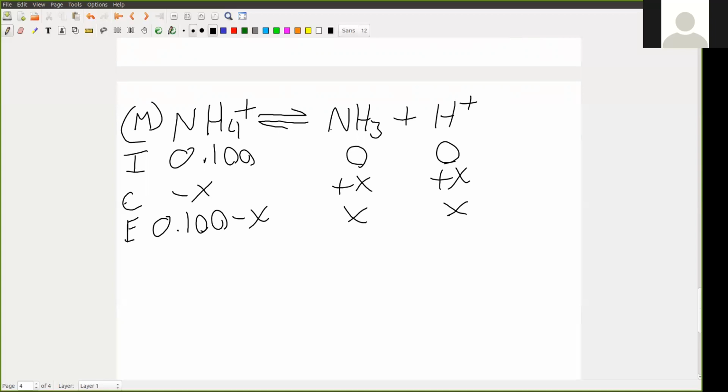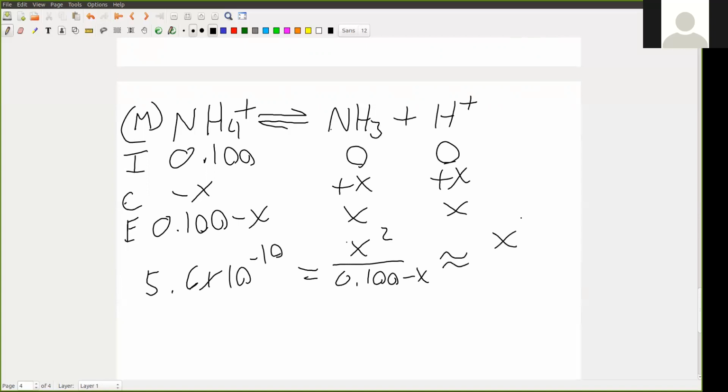And once we have that, we can use our Ka for our ammonium, which is 5.6 times 10 to the minus 10, and set it equal to the products over reactants, so x squared over 0.100 minus x, which we're going to say is approximately x squared over 0.100.